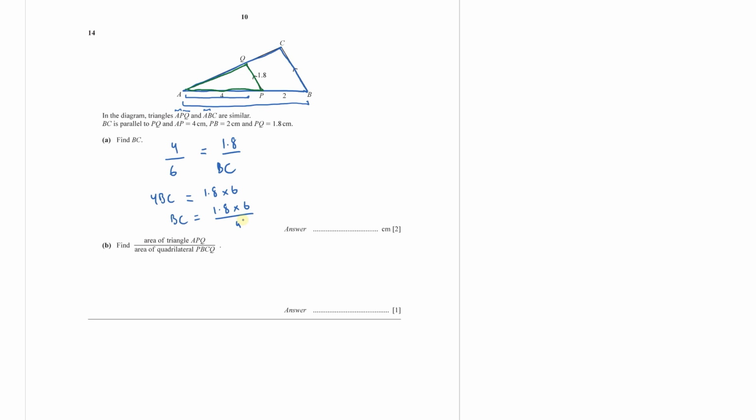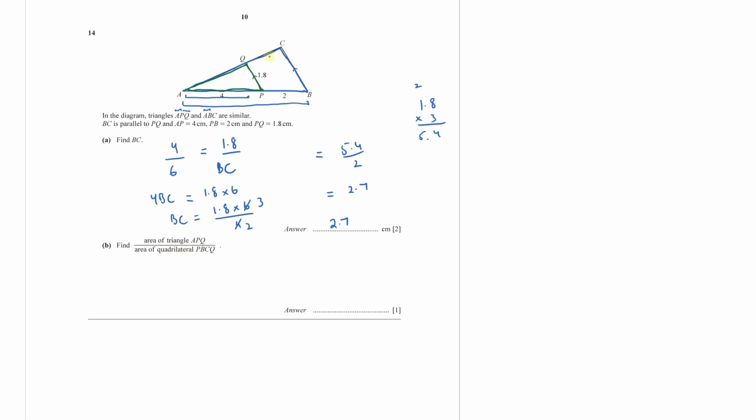I can divide by 2 here, and then this becomes 3. So 1.8 times 3 would be 5.4. So 5.4 divided by 2 is 2.7. So 2.7 centimeters.